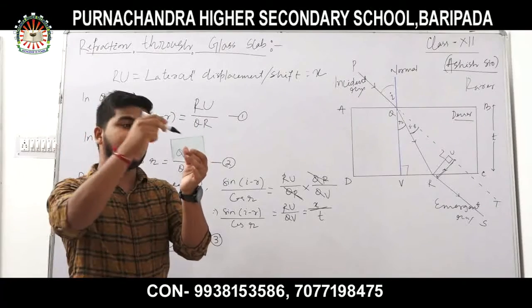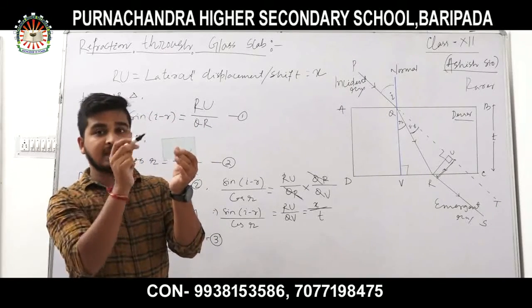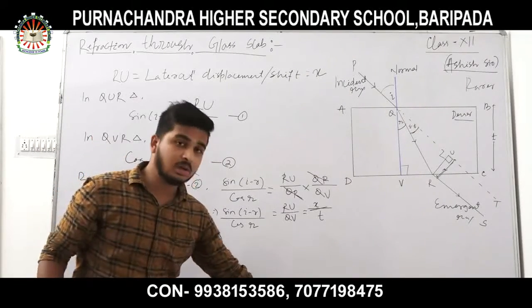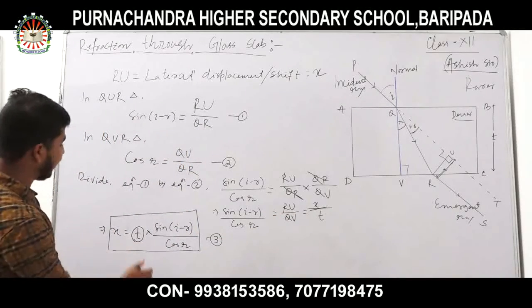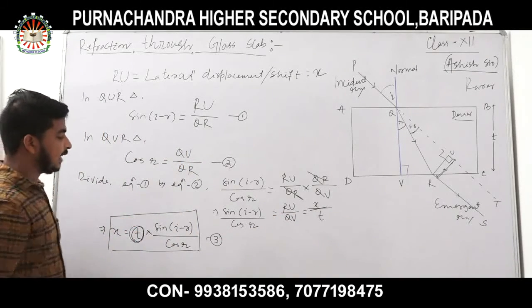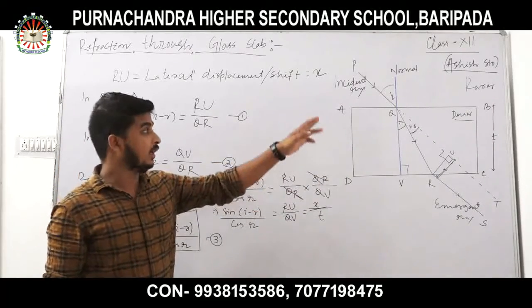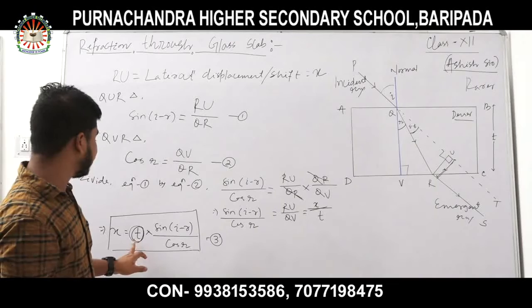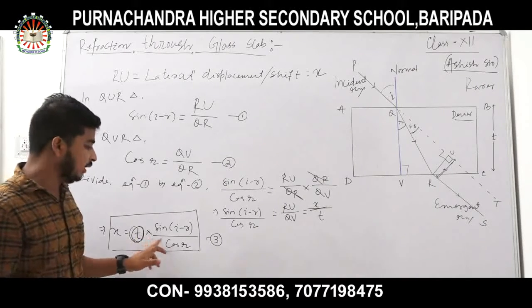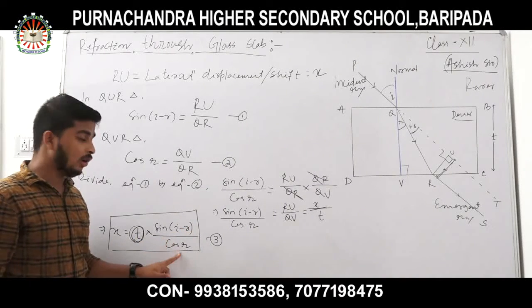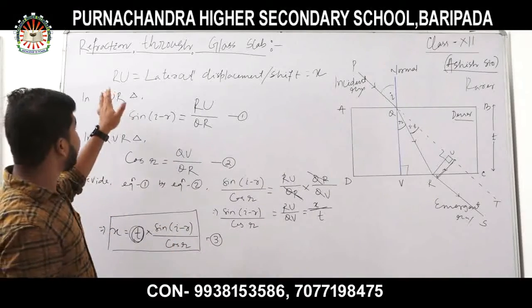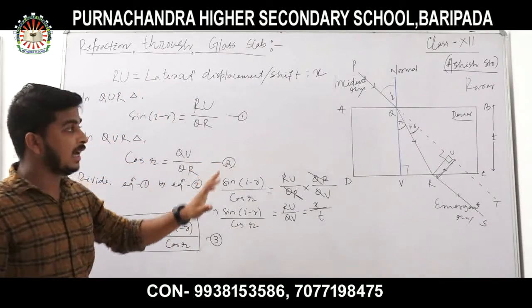So if the angle of incidence is more, then the shifting will be more. So the lateral displacement depends upon the thickness of the glass slab and the angle of incidence. So this is the expression: x is equal to t into sine(i minus r) upon cos r. This is about refraction through a glass slab.